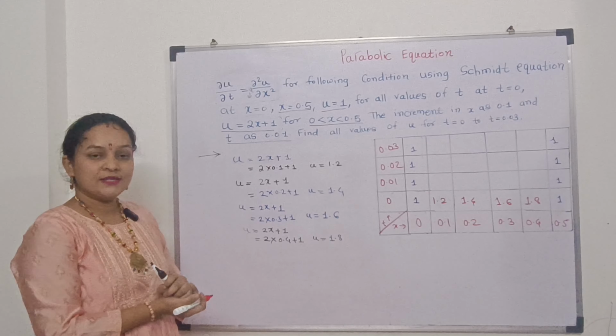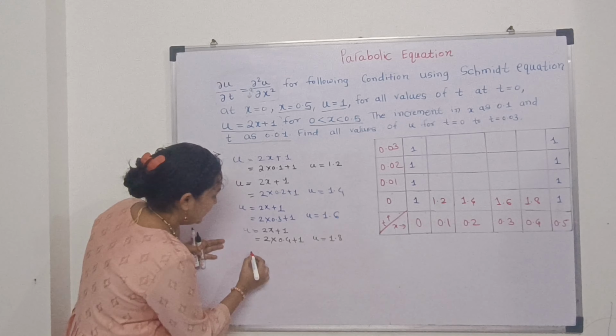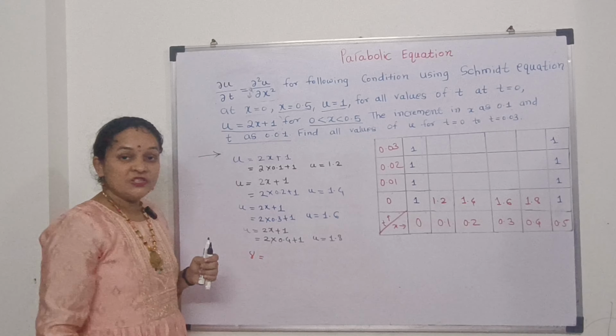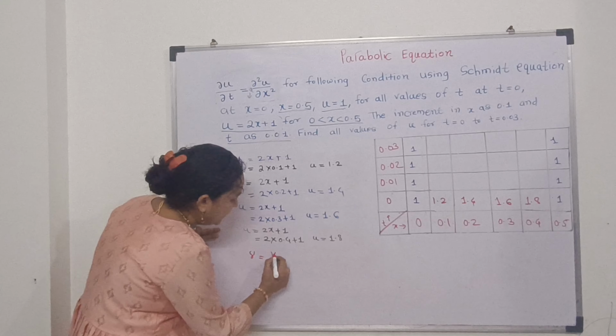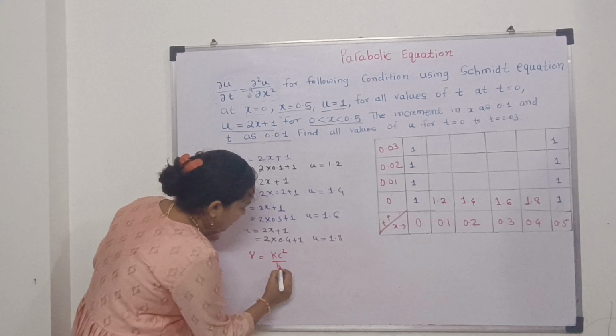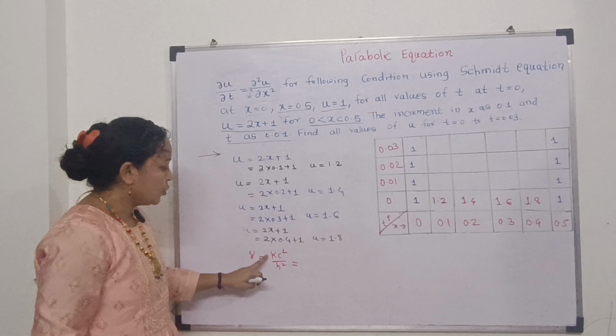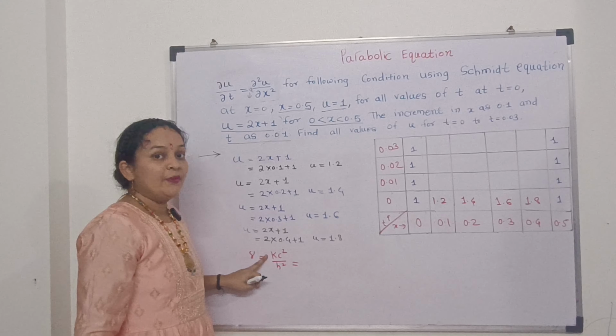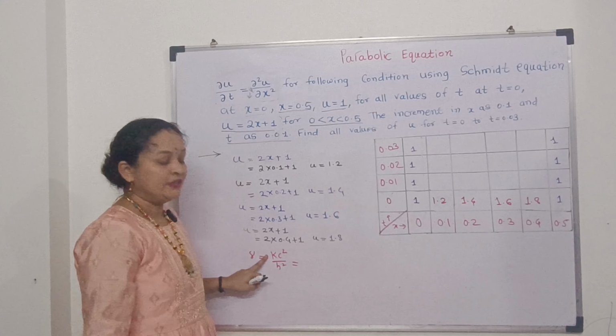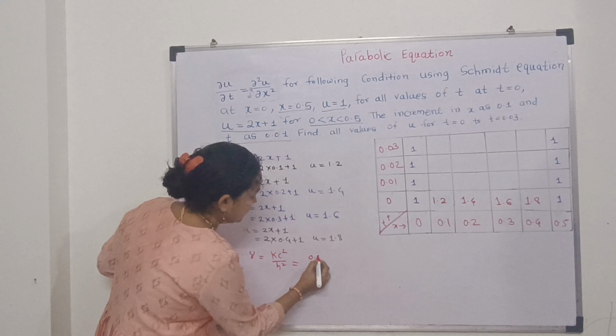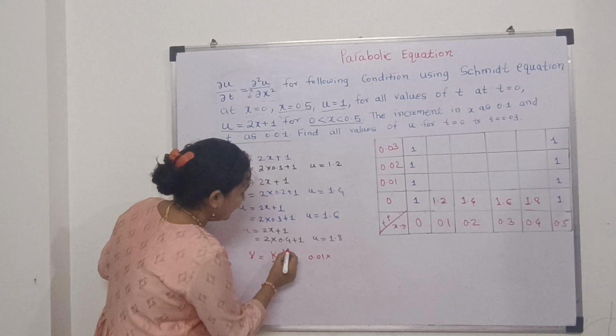Now the next value we are supposed to calculate is gamma, which can be calculated as kc squared by h squared. k is the increment related to t, given as 0.01, multiplied by c.